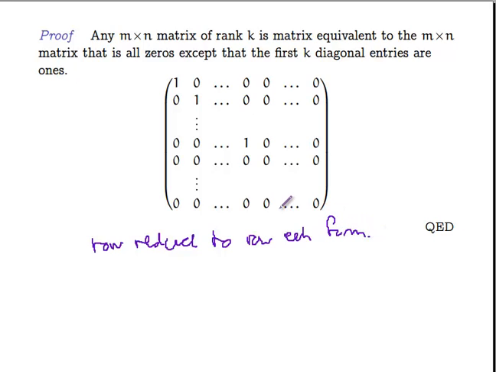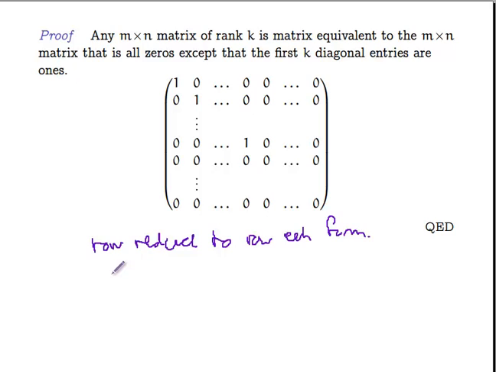If you row reduce to row echelon form, you're going to get your last rows to be zeros, and then you're going to have the row echelon form where you have ones in certain columns, and those are the leading entries. And then you'll have other columns that may have non-zero entries in them.